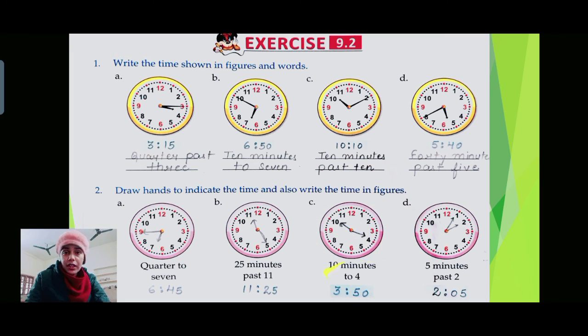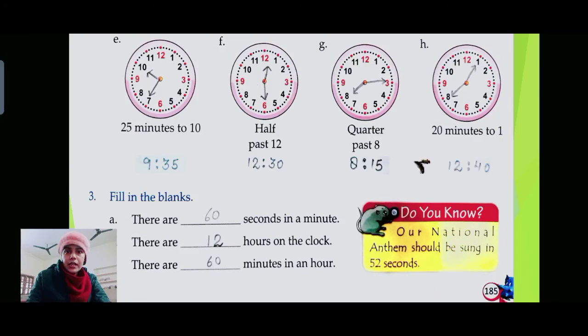That means 3:50. I have just told you, if the hour hand is in the middle of 3 and 4, it goes to the smaller number. So it became 3:50. Similarly, this one, 5 minutes past 2. 5 minutes past means minute hand will be on 1 and hour hand will be on 2. So 2:05. Similarly, we have filled all these questions as well.